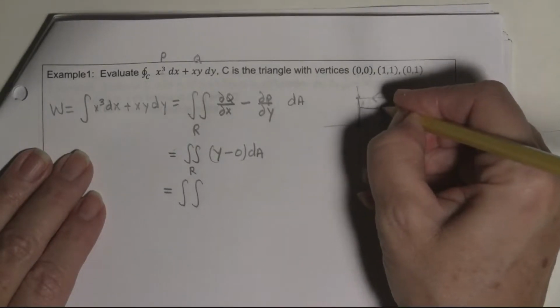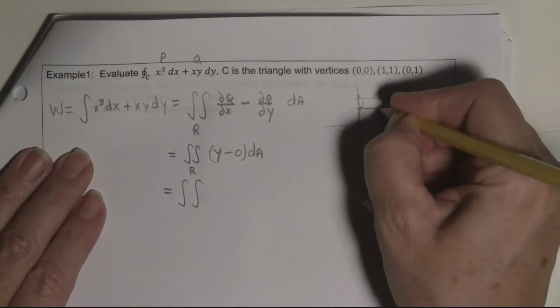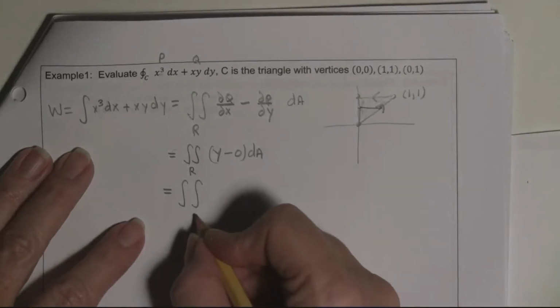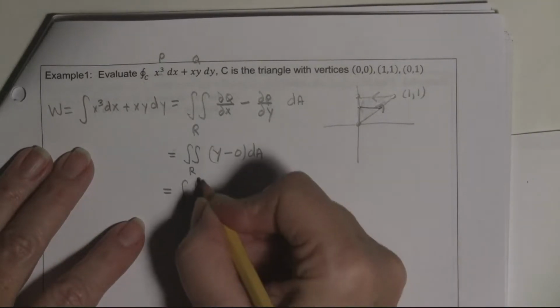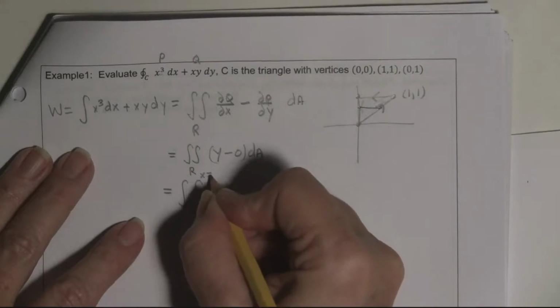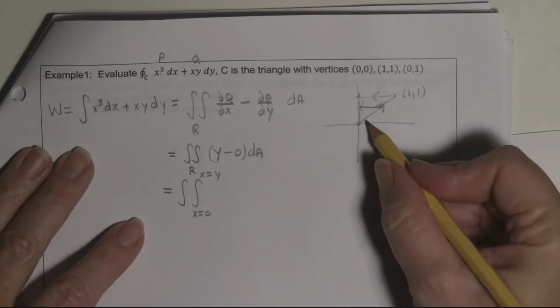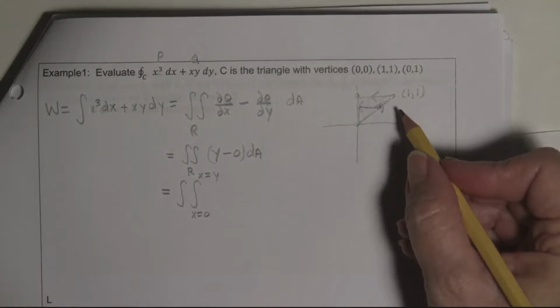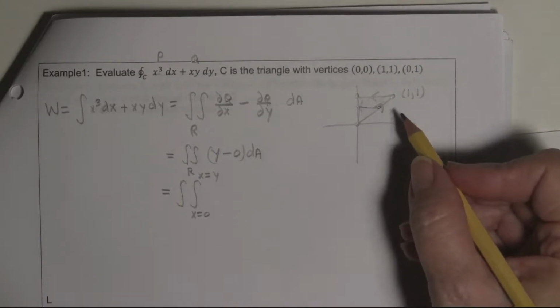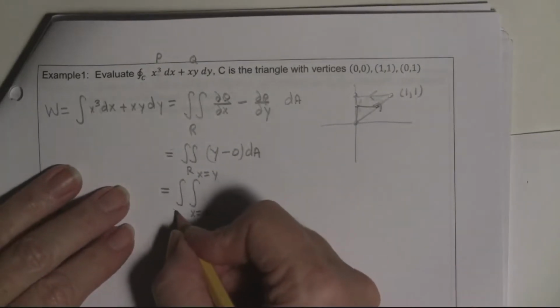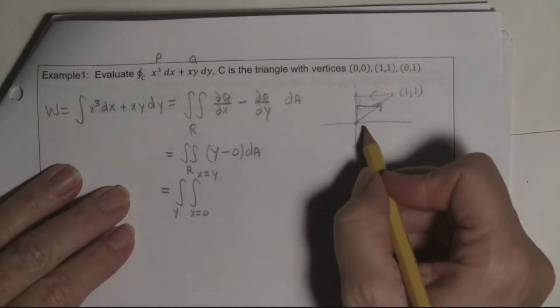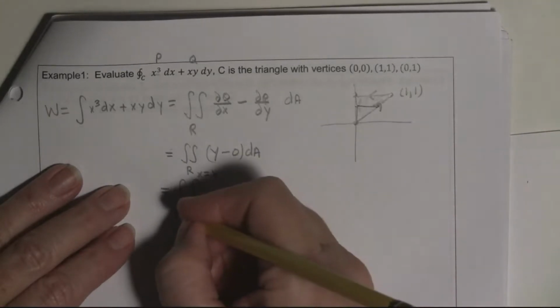So going from here to here, we're going across from x is 0 to x is equal to y, because that's what that line would be right there. And then our y's would go from 0 to 1.